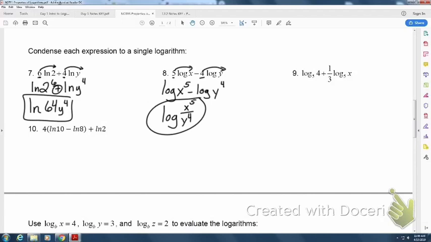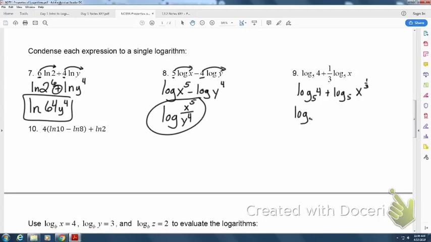Going to number 9, I've got addition, so I know I'm going to condense that with multiplication. But first I have a coefficient that I need to deal with, so I'm going to have log base 5 of x to the power of 1/3. So now I can condense those.